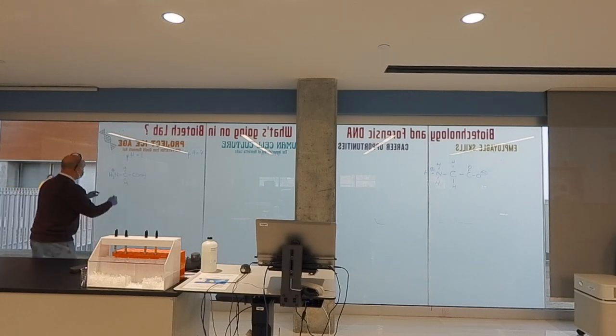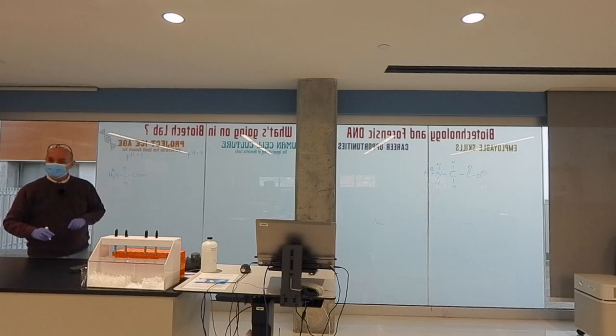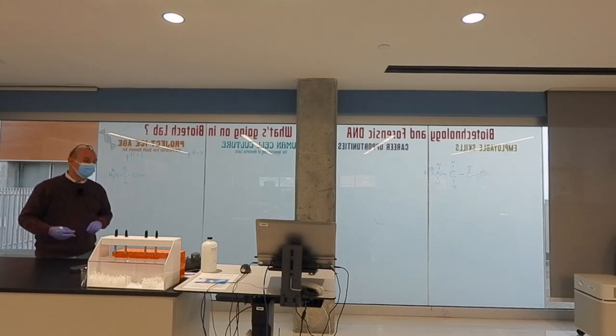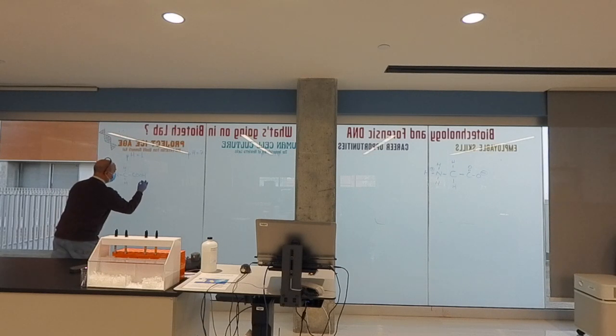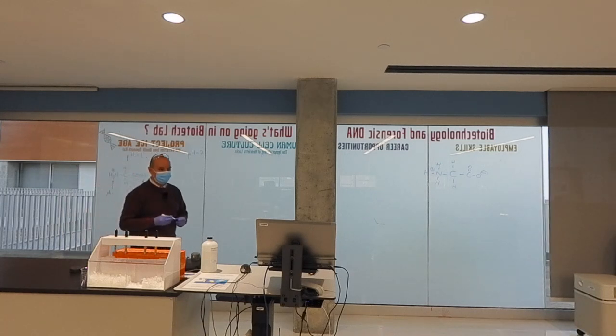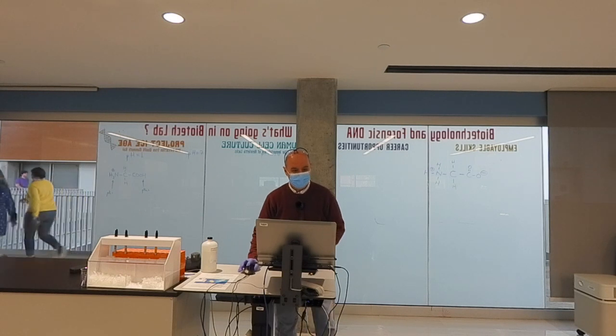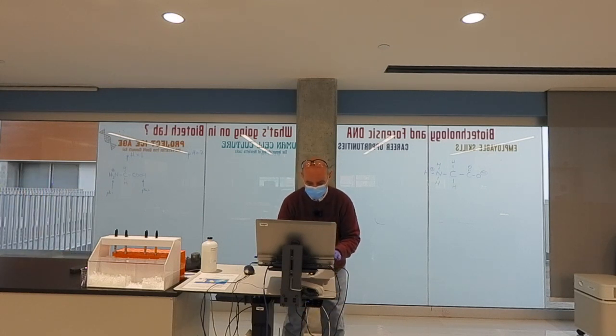Now, it turns out that these two are independent from each other, and each of them has its own pKa. They have their own Ka value. So the pKa of this group is different from the pKa of this group. And you're going to tell me which one is more acidic in a minute. I don't remember the numbers, so I need to look them up. pKa of glycine, maybe pKa's.